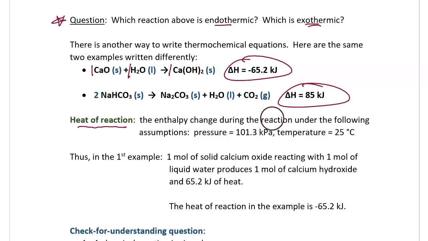The second example has a positive delta H value, meaning that the reaction absorbs heat from the surroundings. So this equation is saying that 2 moles of this substance absorbs 85 kilojoules of heat from the surroundings to create 1 mole of each of these products.